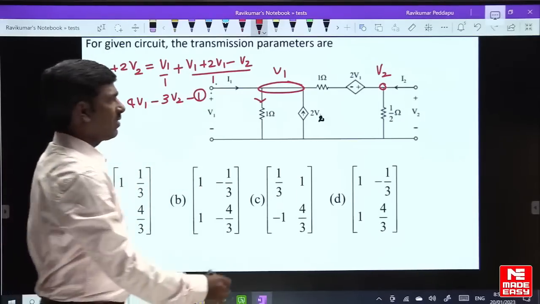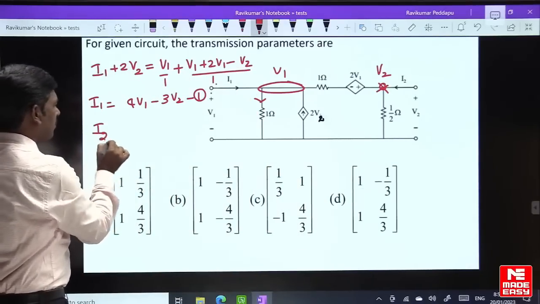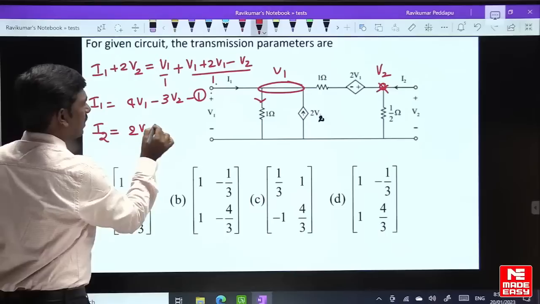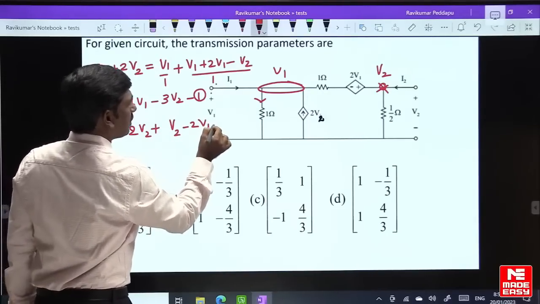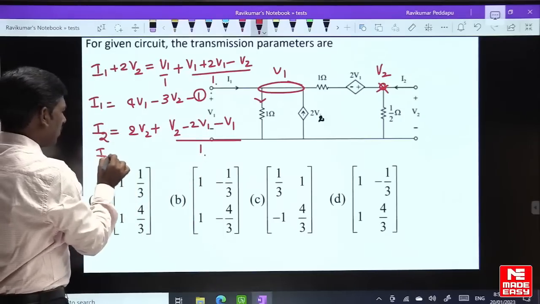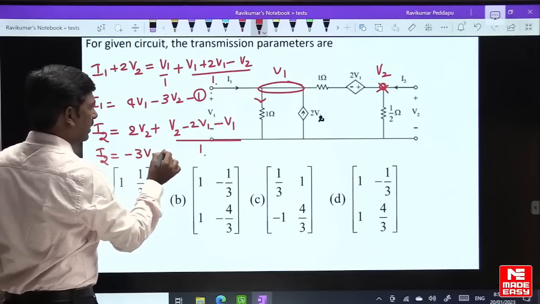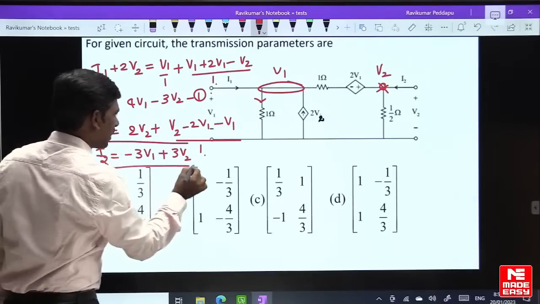Second equation, write a KCL equation here. I2 is entering current, outgoing currents are V2 by 1 by 2, there is a 2V2, plus V2 minus 2V1, minus V1 by 1. So I2 is equal to minus 3V1 plus 3V2. This is the second equation.